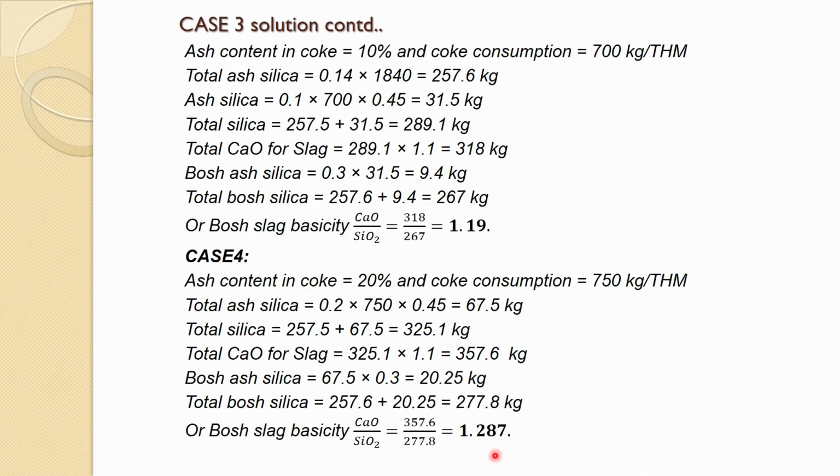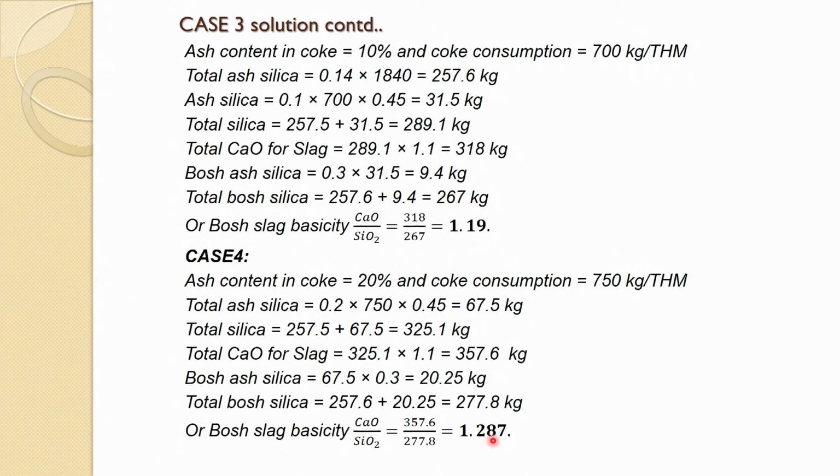So, with higher coke consumption, and if coke is also of inferior quality with more ash content, the basicity of the Bosh slag increases to 1.3 in comparison to the previous case where it was 1.2, and this is of course higher than the final slag composition in the hearth.